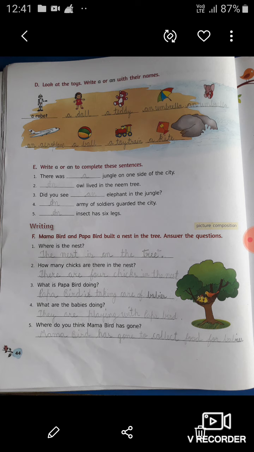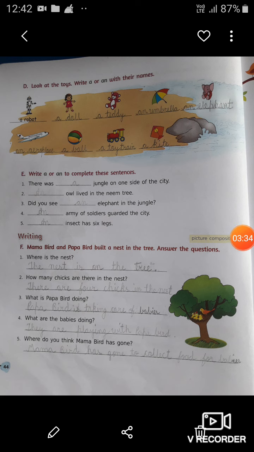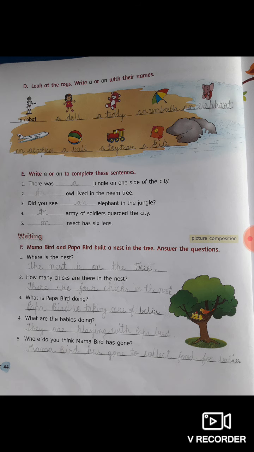Now look at the next one. What is this? This is an elephant. Here you have to write an elephant because the first letter of the word elephant begins with a vowel sound.